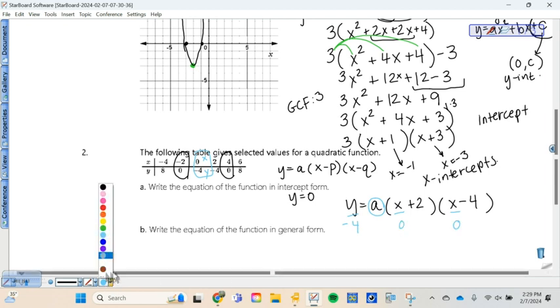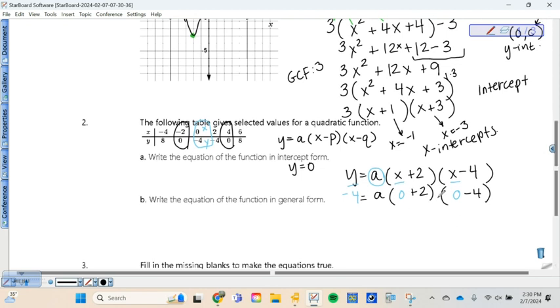Okay, so I plugged in -4 for y and I plugged in 0 for x. So what's 0 plus 2? 2. And 0 minus 4? -4. So I have a times 2 times -4 equals -4. And then I'm going to multiply those. 2 times -4 is?